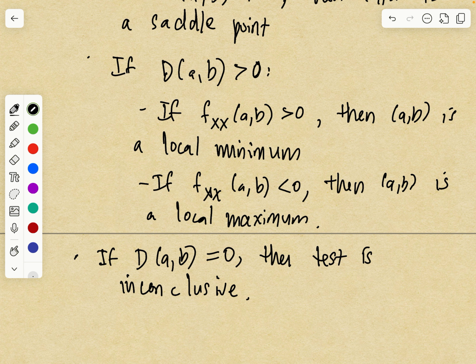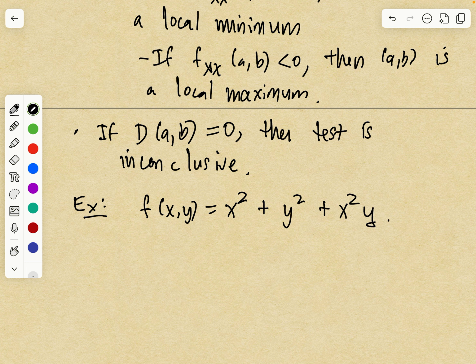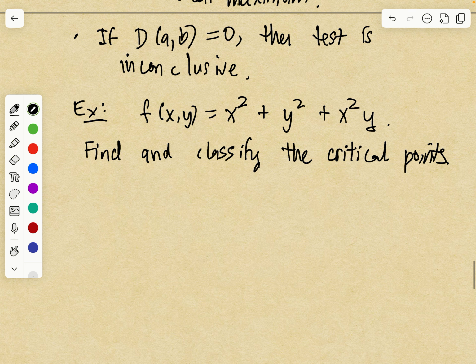Let's say that you had the function f(x, y) equals x squared plus y squared plus x squared y. And the question is, find and classify the critical points of the function.